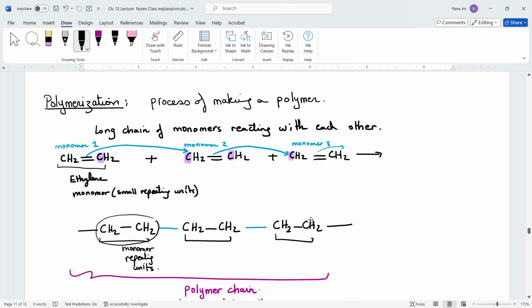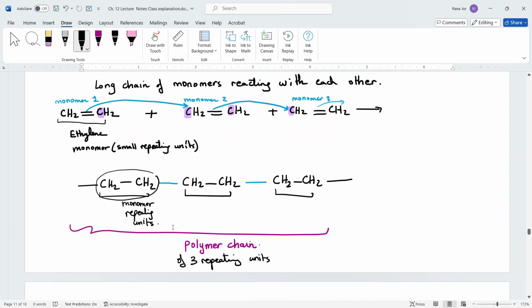That chain is called a polymer chain. The polymer chain will be made up of repeating units of the monomer. The monomer here is made up of two carbons, so you're going to have two carbons, two carbons, two carbons, and in between there is the new sigma bond that you formed. This is an example of a polymer made up of three monomers that are the same. So this is how we write it.